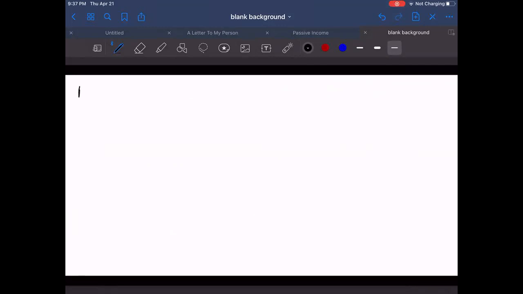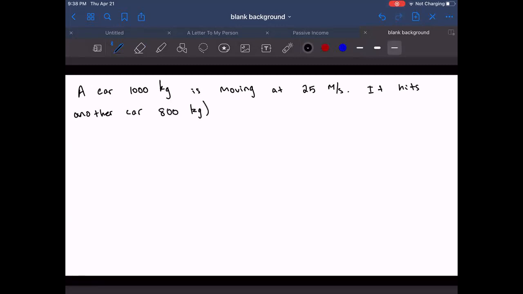Okay, so we'll just do it here. A car, 1,000 kg, hits another car, moving at, let's give it a mass, moving at, doesn't matter, 20 meters per second in an elastic collision.